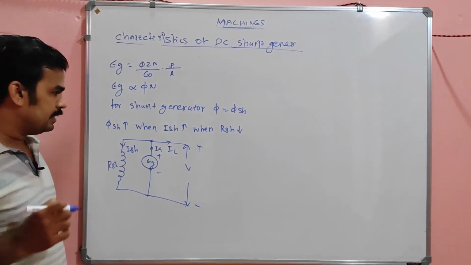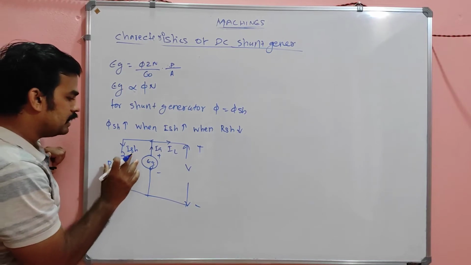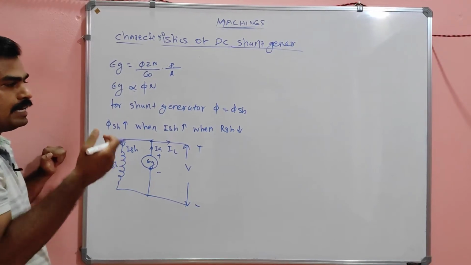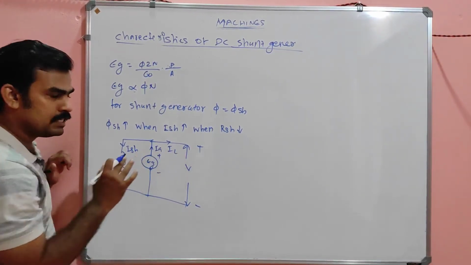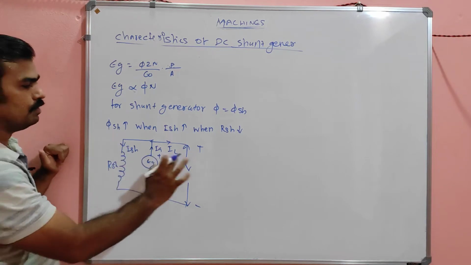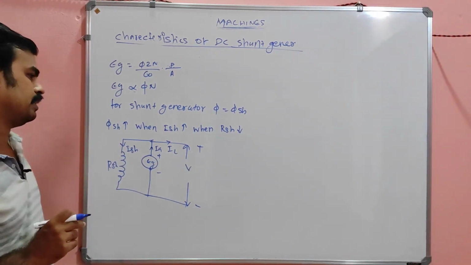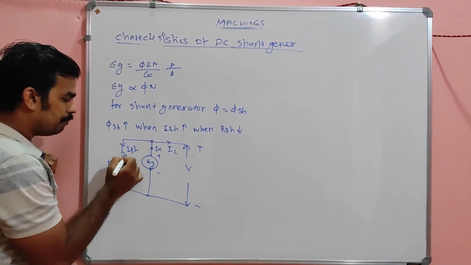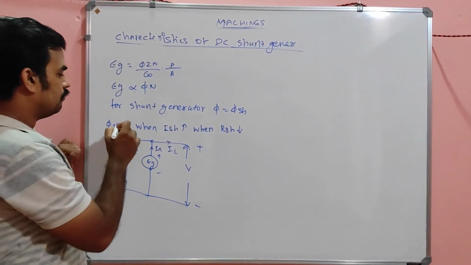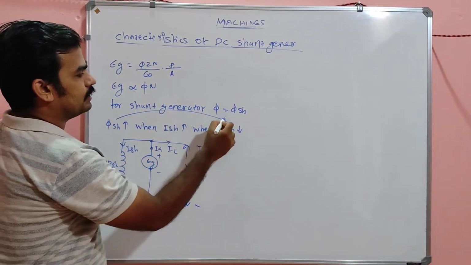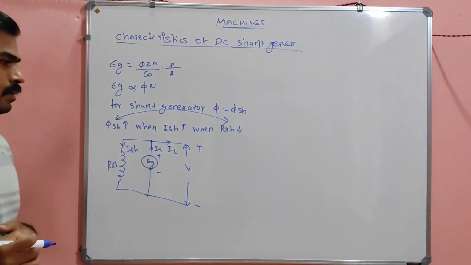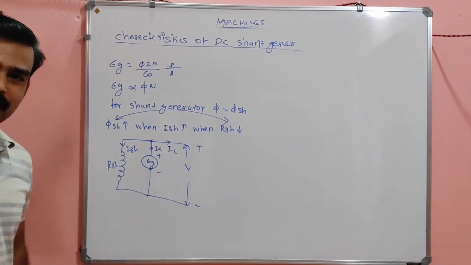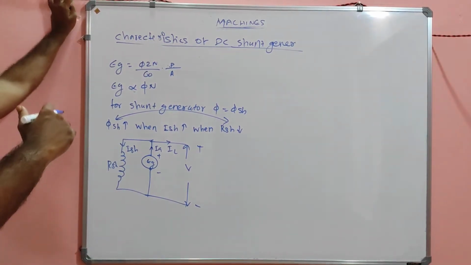The peculiarity here is that phi SH increases when ISH increases, which increases when RSH decreases. This phi SH will be constant, simply V by RSH. So the factor affecting the flux in the shunt path is RSH, and the flux phi SH is inversely proportional to RSH.